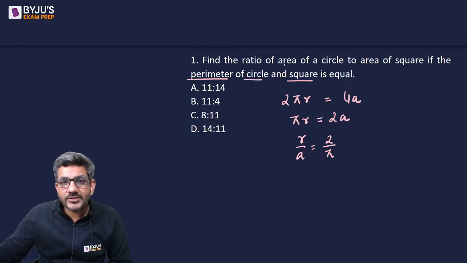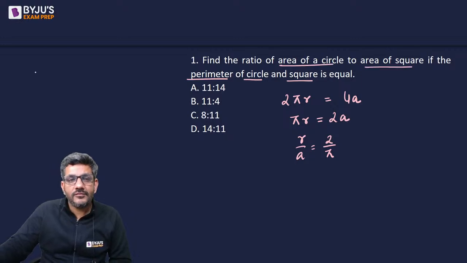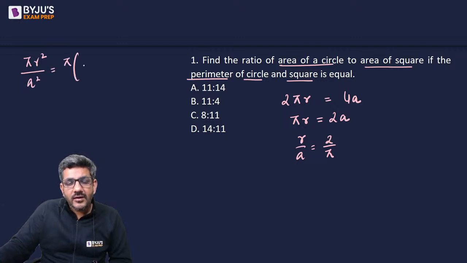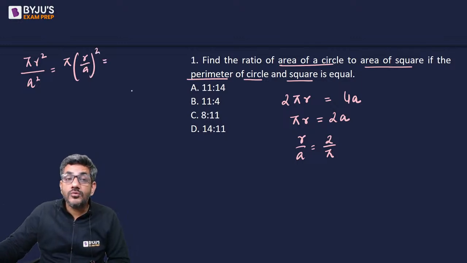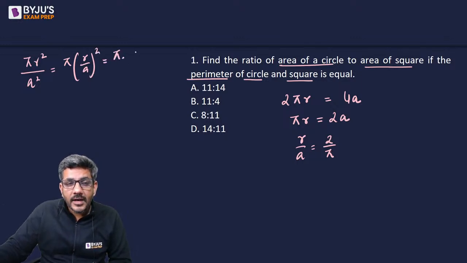The question is saying find the ratio of the area of the circle to the area of the square. Area of the circle is pi r square, to the area of the square, which is a square. So from here, can I say it is pi into r by a whole square, and r by a is 2 by pi. So let's put it here: pi into 2 square divided by pi square.